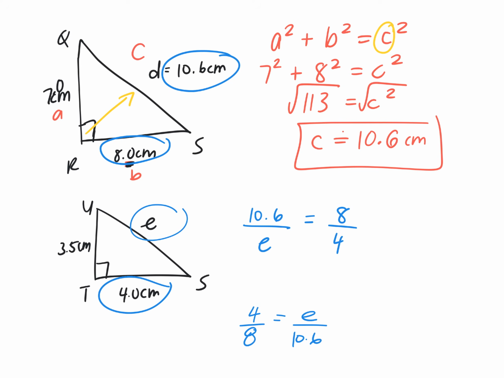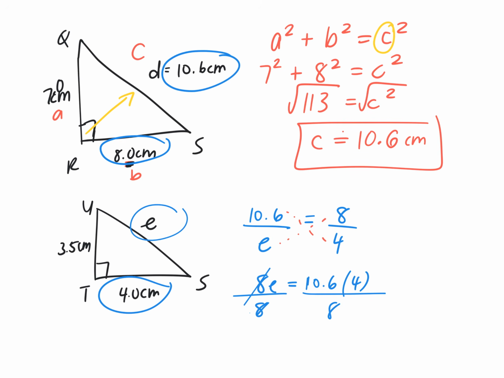Doesn't matter what order you write it in as long as you're putting it in the correct order when you write it, okay? So we just now cross multiply and solve for E. So E times 8 is 8E, and then 10.6 times 4, whatever that is, we're going to divide it by 8, and we're trying to solve. It's approximately equal to 5.3 centimeters.